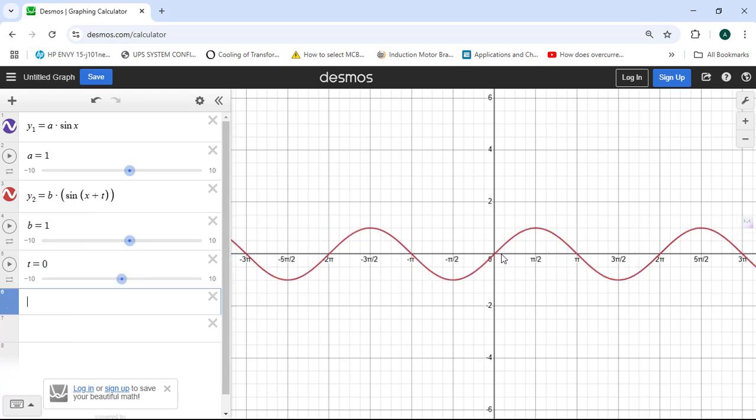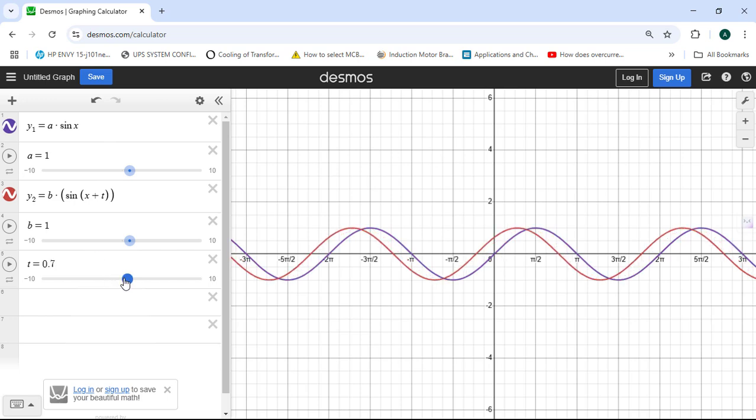But if the value T starts to change, the current will start lagging the voltage, or it will lead the voltage. Lag means that the voltage has started before the current, and lead means that the current has started before the voltage. And in phase means that they are starting at the same time.